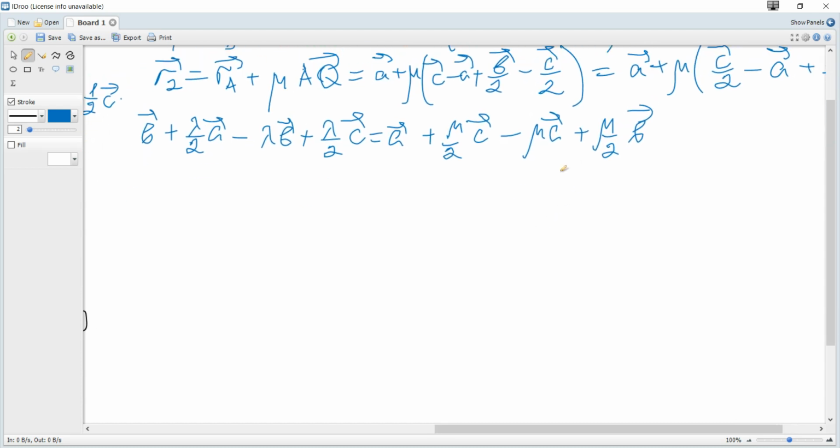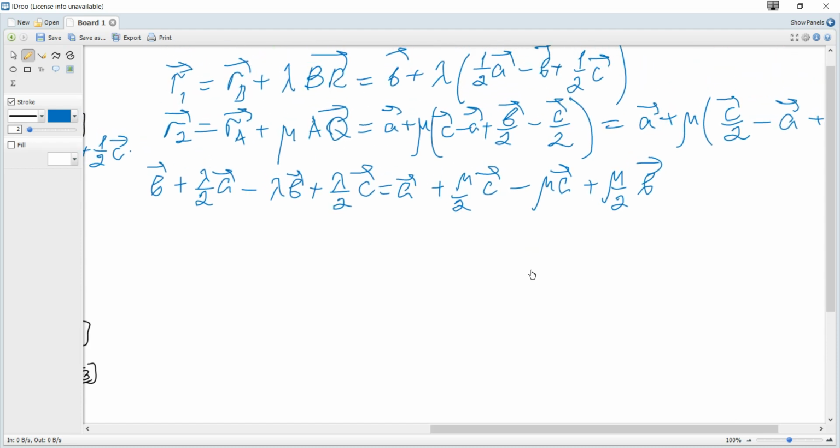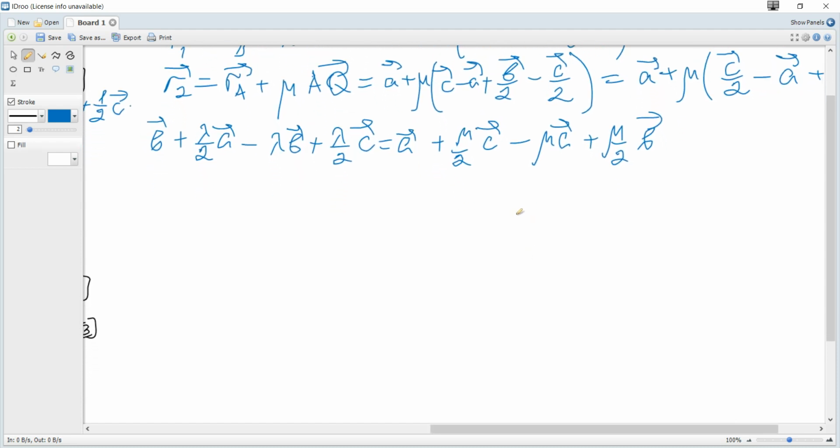And equality can hold only if there are the same coefficients in front of the same vectors.